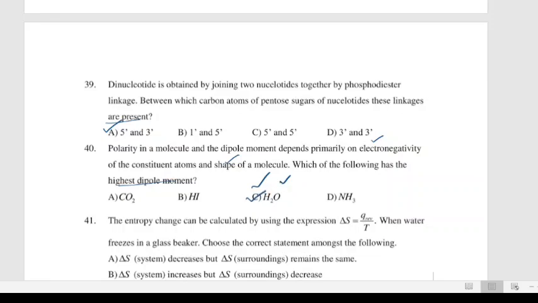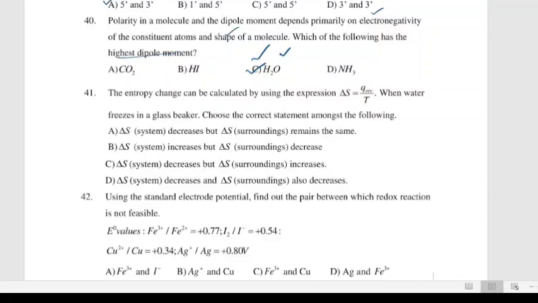Next one. The entropy change can be calculated by using the expression delta S is equal to Q by T. When water freezes in a glass beaker, choose the correct statement among the following. Yes, freezing is an exothermic reaction.